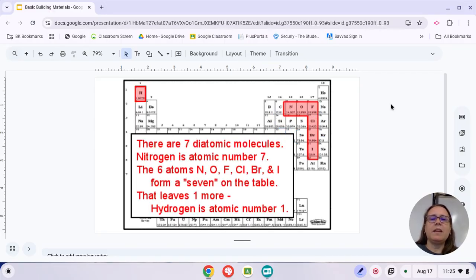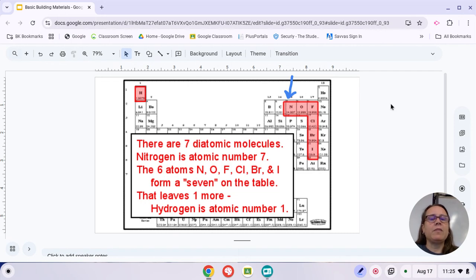So here you can see our little cheater way to remember this, to memorize this, the 7 diatomics. Okay. We start at number 7. So nitrogen, the atomic number for nitrogen is number 7. It's always number 7. So we start there. Nitrogen.